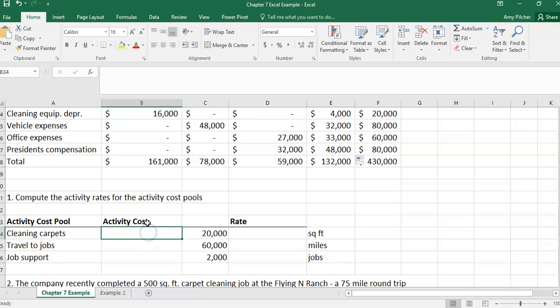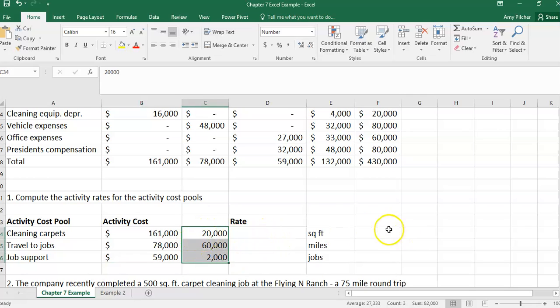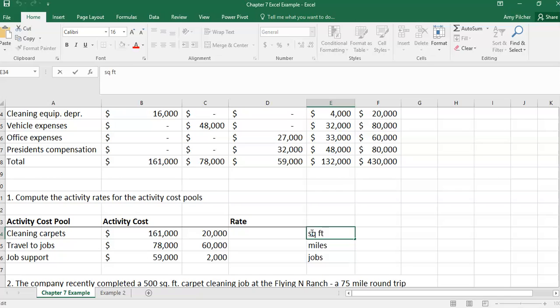So first we need to figure out what our allocation rates are. So we have our total and our rates. So 200,000, 100 square feet, or 20,000.